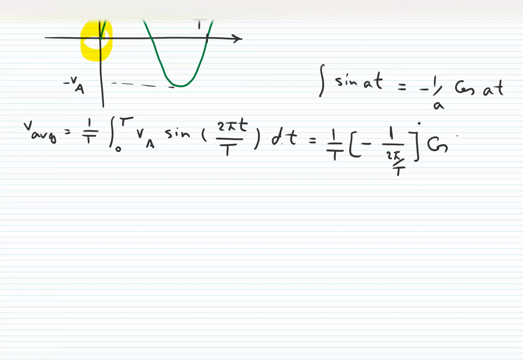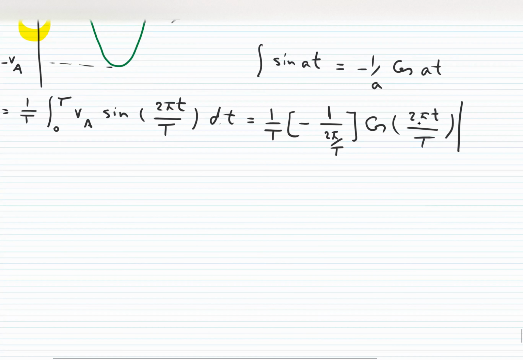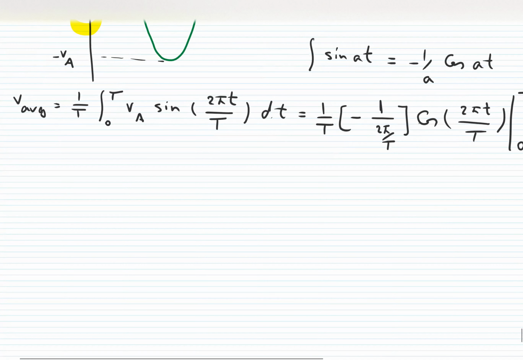Cosine of 2 pi t over T, for t in the range of 0 to T. We can write it in this way: it is equal to minus... oh, I missed the VA here.